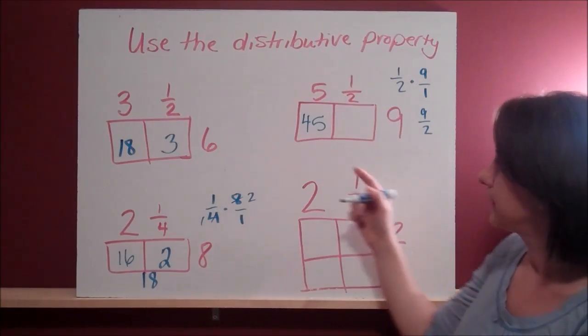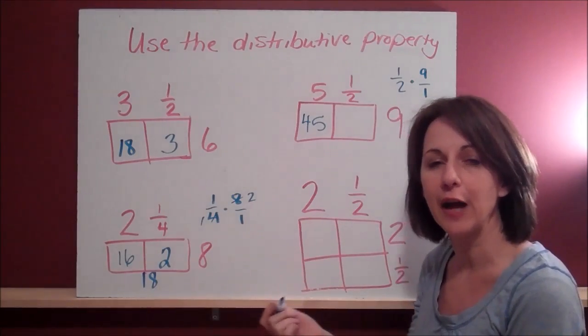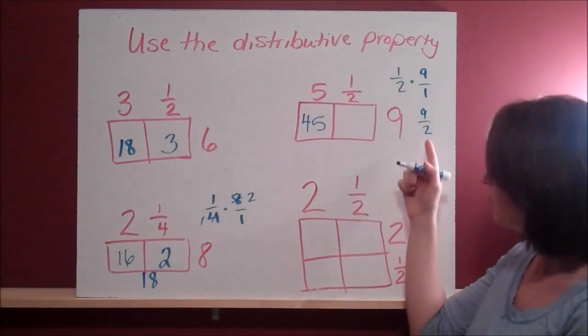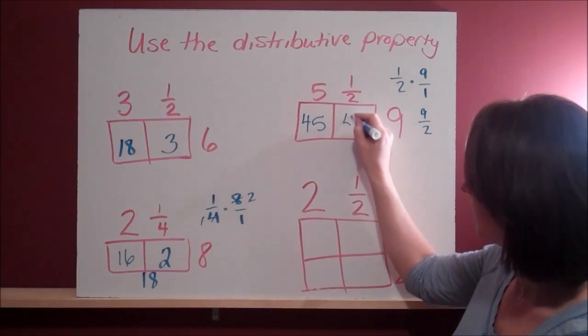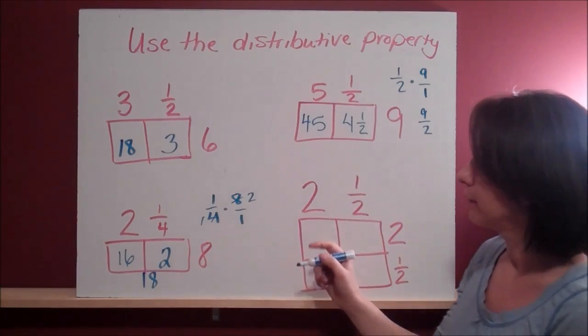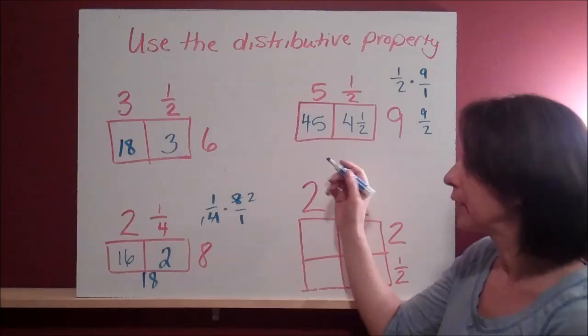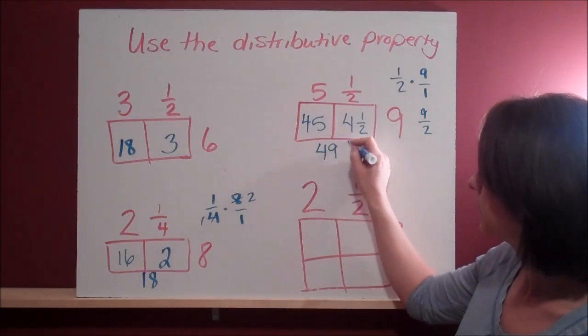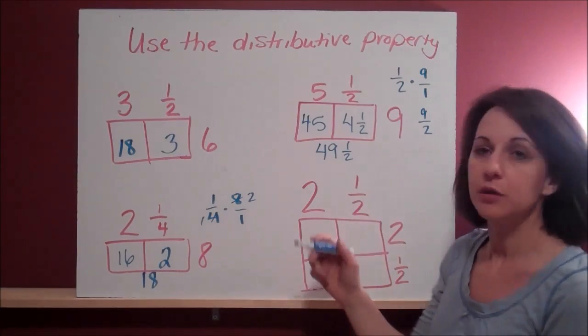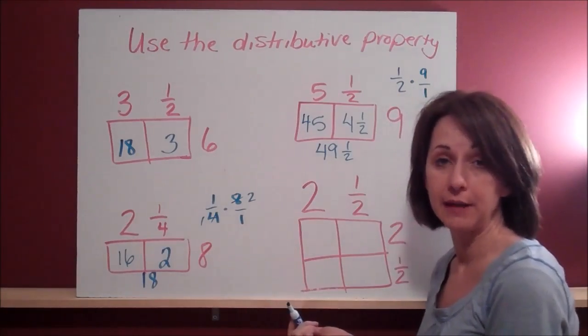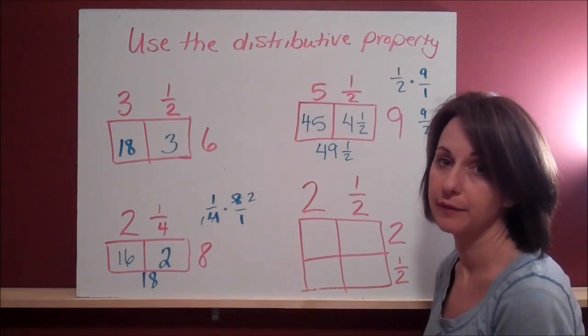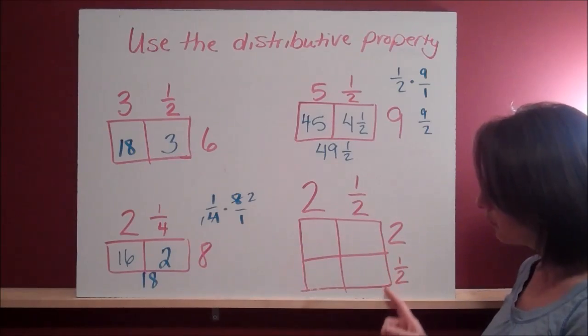Now, in this case, it doesn't make sense to say 45 and 9 halves. So what we will do is turn this back into a mixed number and get 4 1/2. 45 plus 4 1/2 is 49 1/2. So what is 5 1/2 groups of 9? 49 1/2. And then it gets a little trickier.